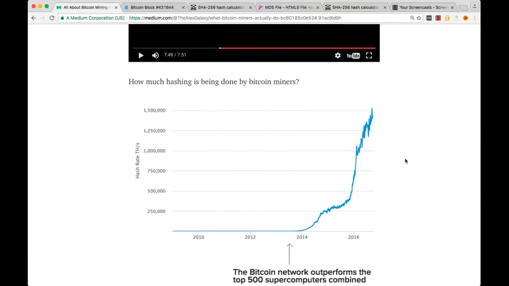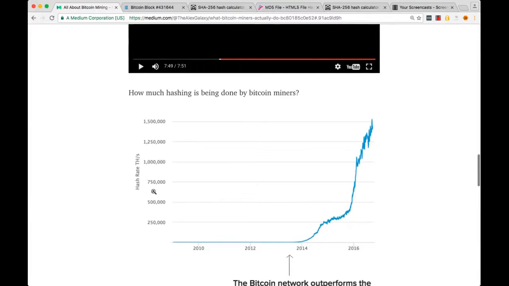So how much hashing is being done by Bitcoin miners? Well, a lot. The hash rate in terahashes per second, that's 10 to the 12 hashes per second, is 1,500,000. So it's just like a stupid amount of zeros today.